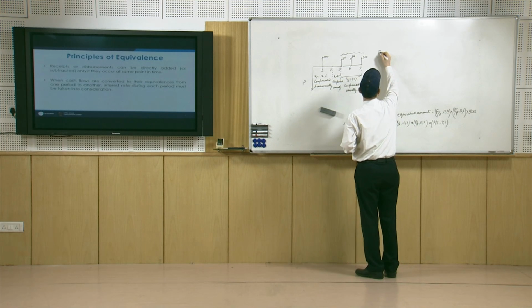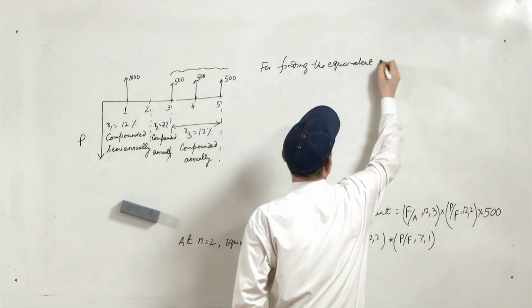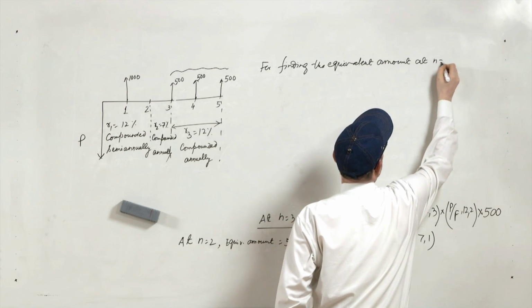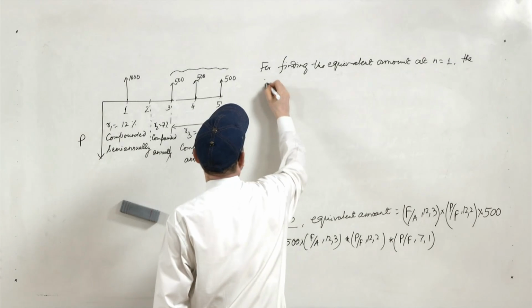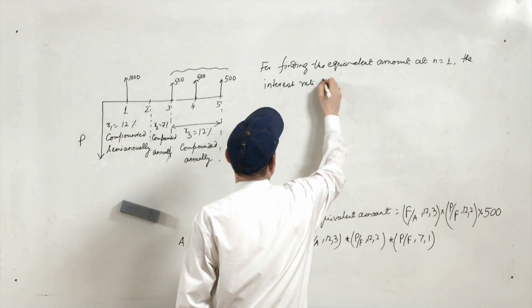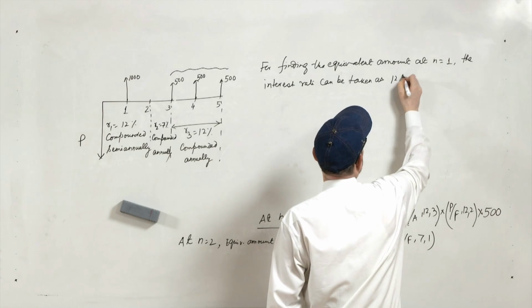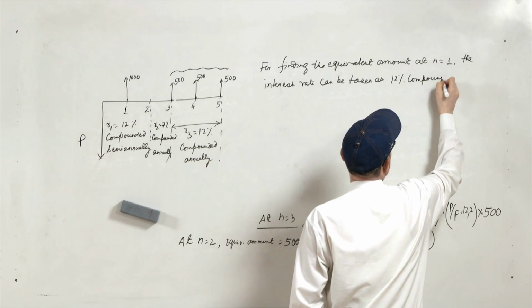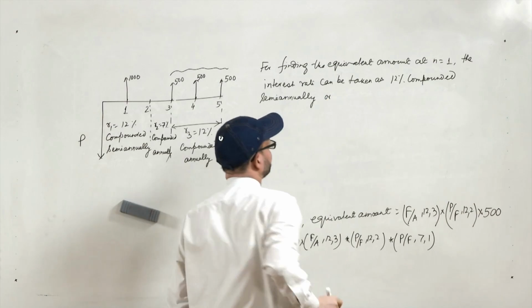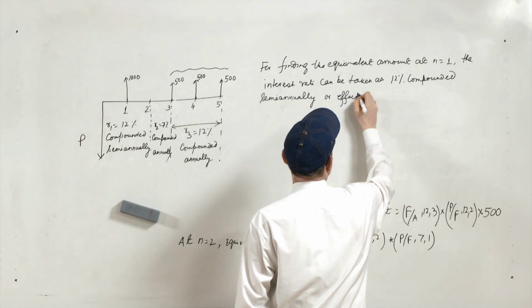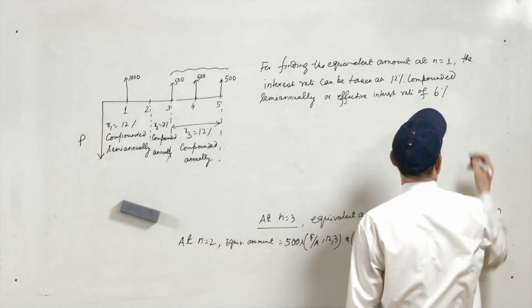For finding the equivalent amount at n equal to 1, the interest rate can be taken as 12% compounded semi-annually, or an effective interest rate of 6% every 6 months.